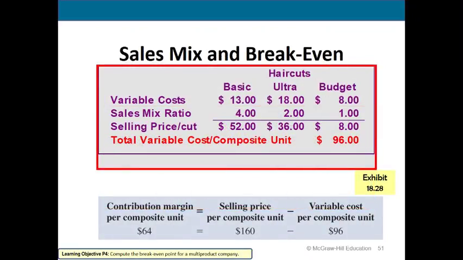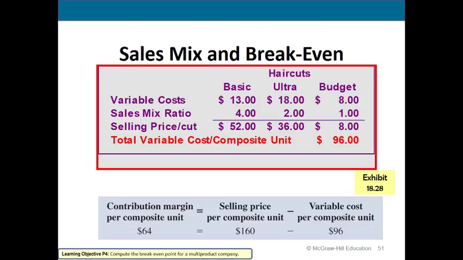And then your total variable cost per composite unit is simply the sum of the variable cost for Basic of 13 times the sales mix ratio of 4, so that equals 52. Ultra is 36, and the Budget is 8, so you add those up. That's total variable cost per composite unit of 96.